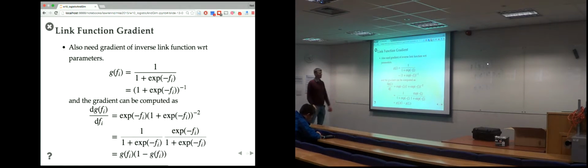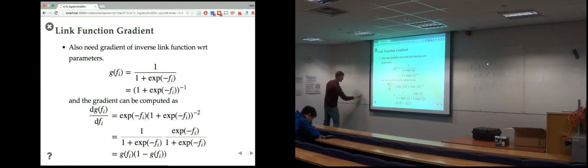The reason is because I can turn this 1 into 1 plus e to the minus f over 1 plus e to the minus f, minus 1 over 1 plus e to the minus f.